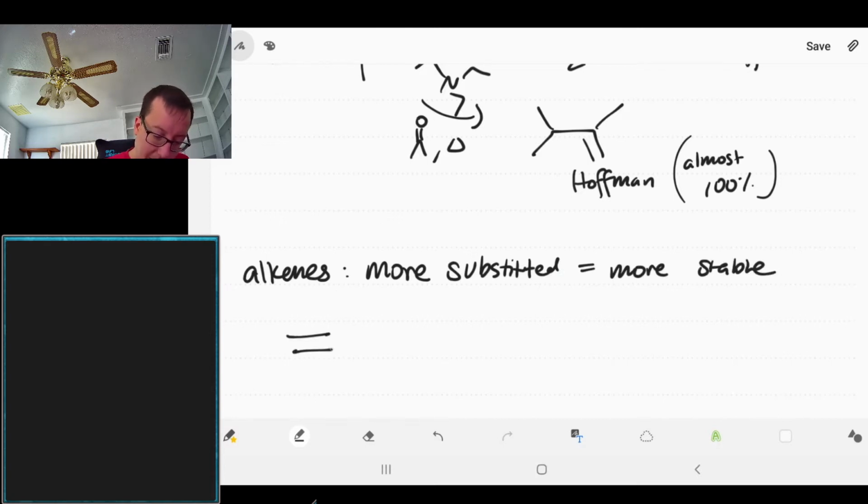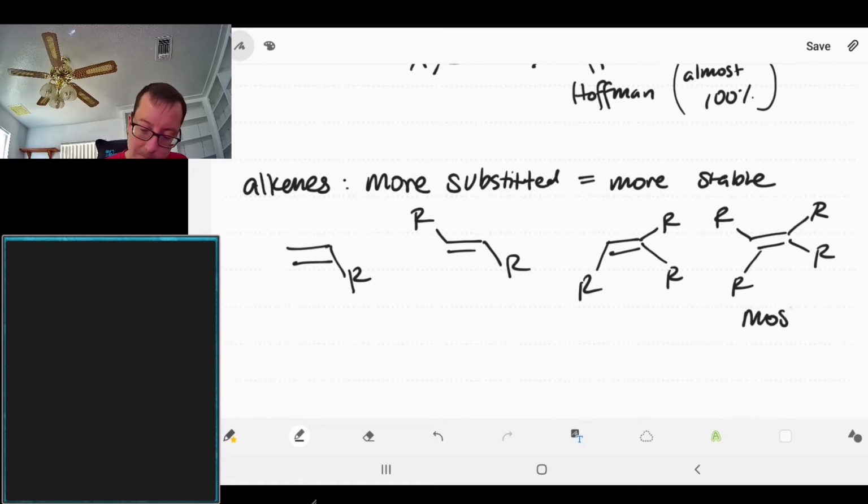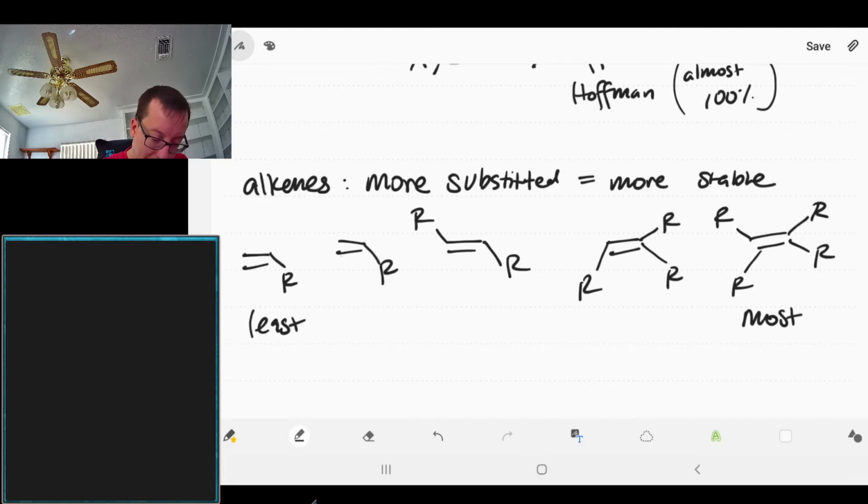So what I mean by substituted is the more things we have on it that are not hydrogen, the better we are. This will be our most stable of these. And I should mention that if you just have di-substituted, trans is better.